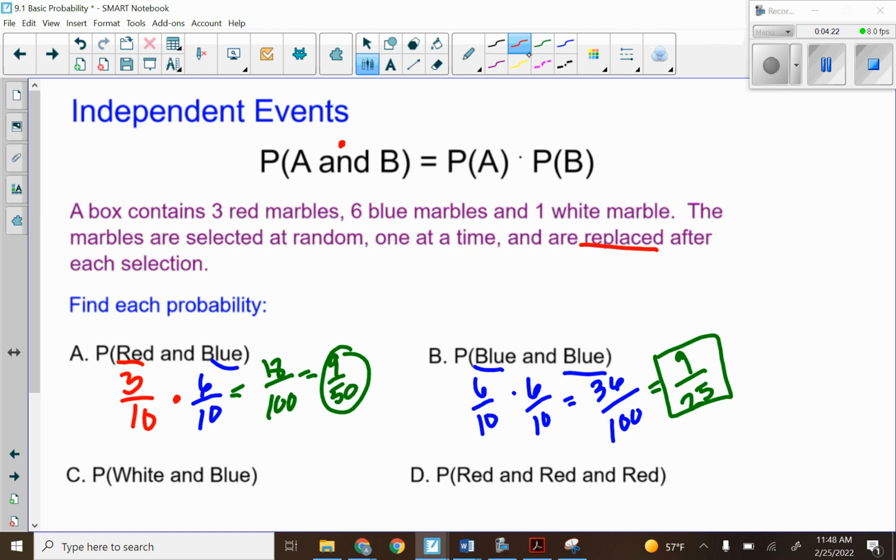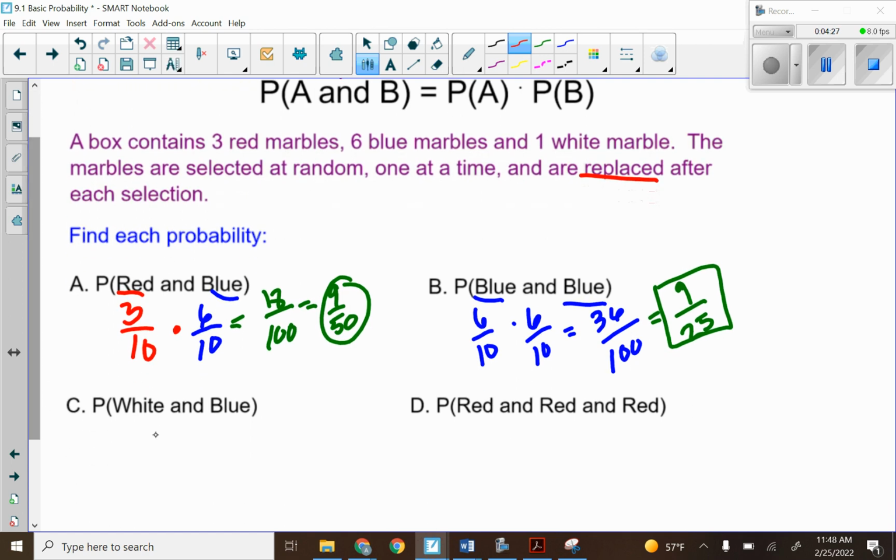All right, try the next ones yourself. I draw a white marble, which is 1 out of 10, times a blue marble, which is 6 out of 10. This is 6 out of 100, which equals 3 out of 50.